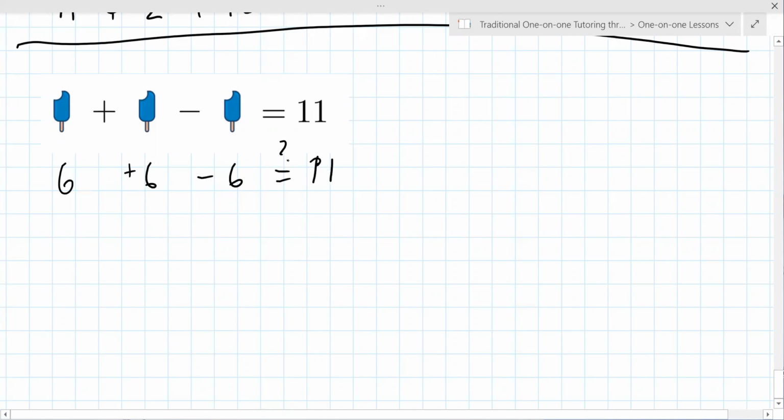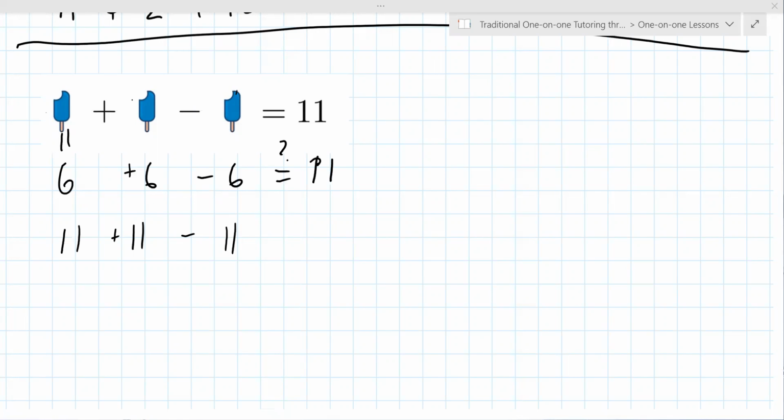No. Let's try something else, but they're the same number. That's the idea here. Eleven plus 11 minus 11. So notice the first number is 11. Great.